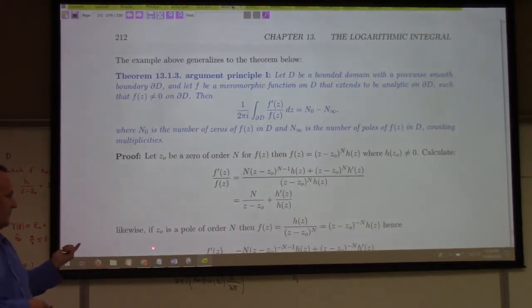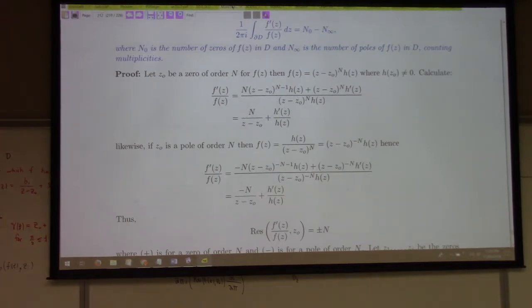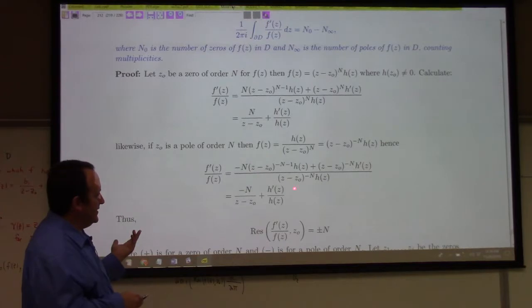And similarly, if we have a pole of order n, we can write f of z as h of z over z minus z naught to the n, which we can write as that. Again, differentiate, use the product rule, and look at the principal part. So I differentiate, I simplify, and algebra gives me minus n over z minus z naught.